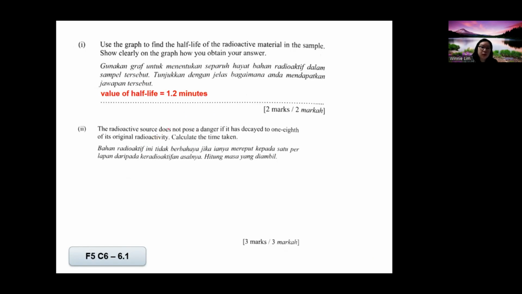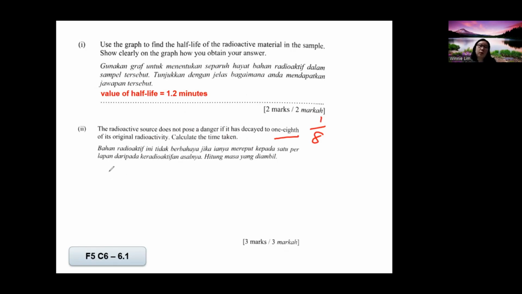Now, the radioactive source does not pose a danger if it has decayed to 1/8 of its original radioactivity. Calculate the time taken. Now they give you in terms of fraction. I always tell students that for fractions, a full fraction is 1, before you cut it into smaller pieces.